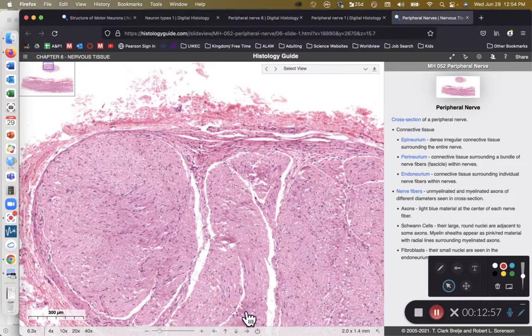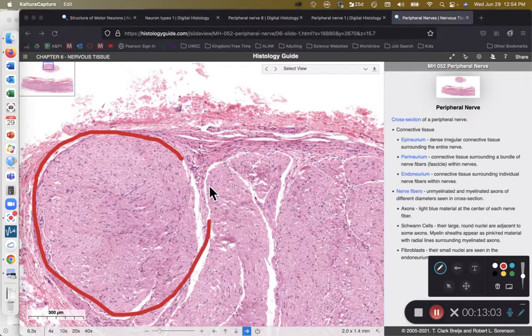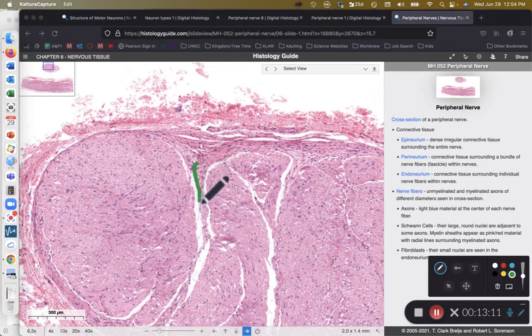So as a good rule of thumb to differentiate them from each other, we have a big fascicle right here. We have another fascicle right there. And then separating the fascicles, I'm tracing it in green, we have the perineurium.